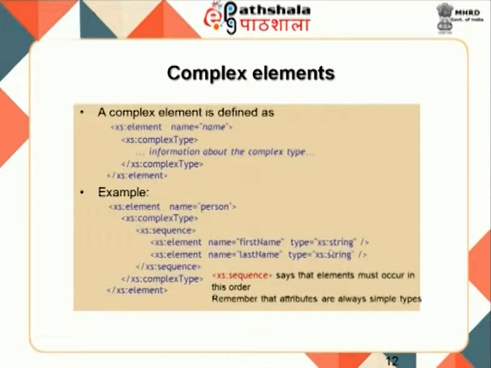These are simple elements defined with name and type. First name by itself is a simple type, last name by itself is a simple type, whereas the element person is a complex type, and you sequence first name and last name to mean that these elements should come in order within this person element.